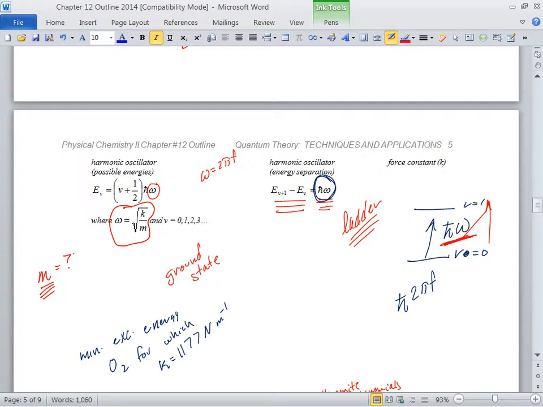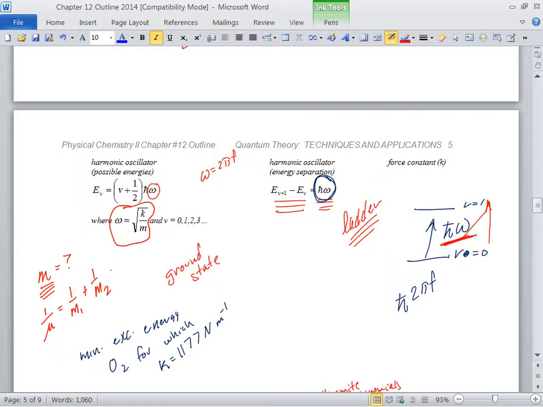What was the equation for reduced mass? 1 over mu equals 1 over m1 plus 1 over m2. Or we use a's and b's, I don't remember, but that was the point. In this expression, omega is the square root of k over m, and what we plug in for m is mu.